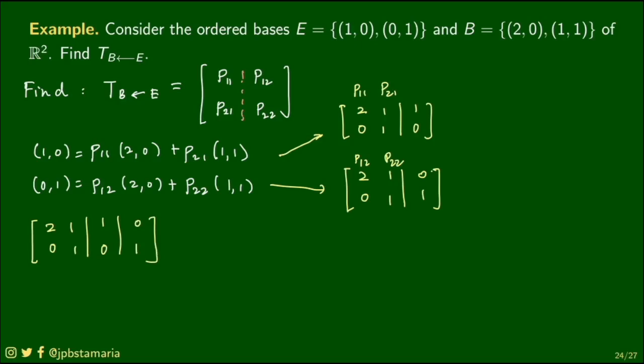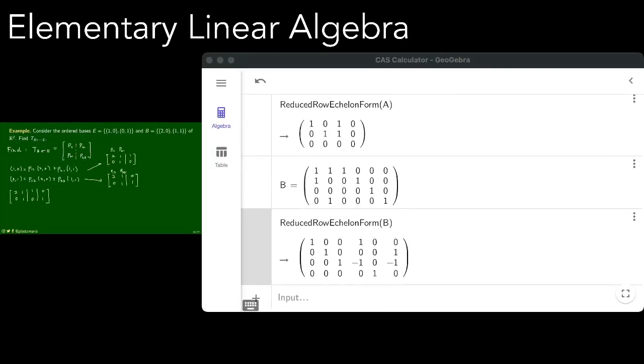As you can see, these are the vectors from the new basis, and these are the vectors from the old basis. So we are solving this linear system, so you just run the RREF. I think once again, let's use GeoGebra. Don't worry, we are going to finish soon.